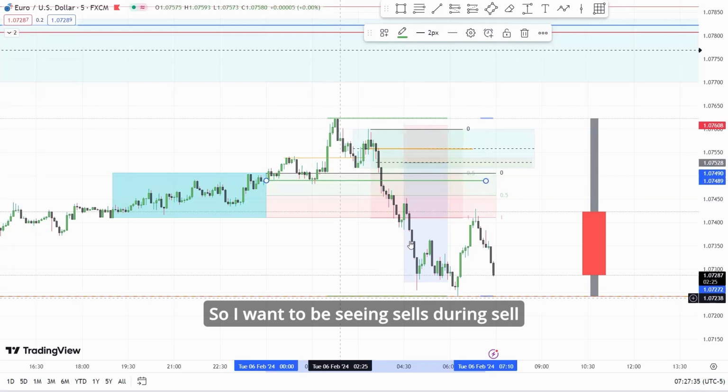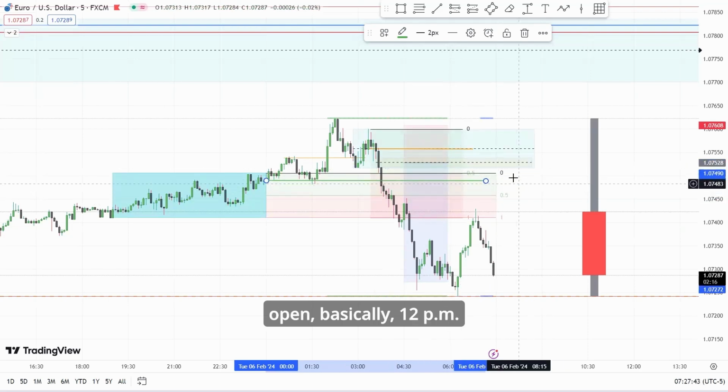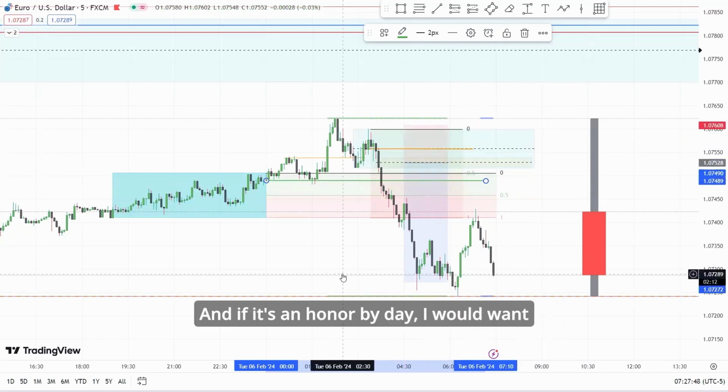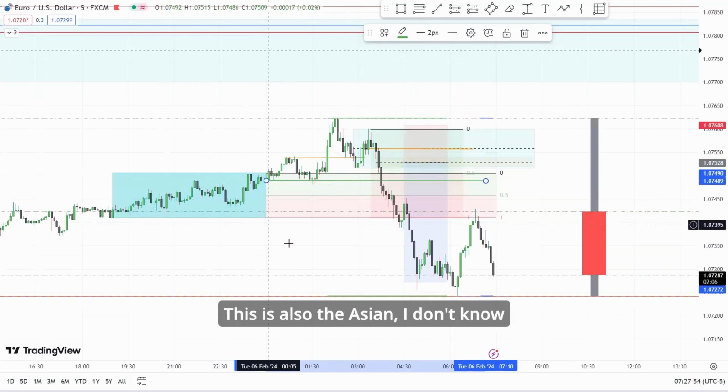So I want to be seeing sells during sell days above the daily open, basically 12 a.m. So that's where I utilize sells from. And if it's on a buy day, I would want to be taking buys below 12 a.m. open. This is also the Asian session range.